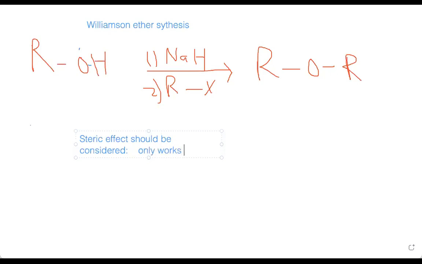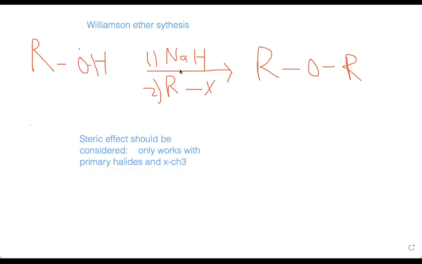Only works with primary halides and this XCH3. That's not even a primary. That's just a methyl with the halide. That's the rule. It only works with that.